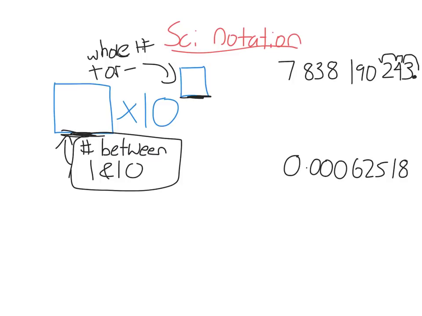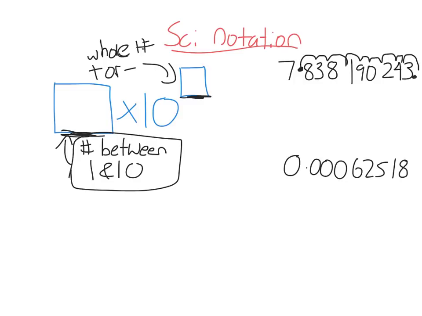Even if I move the decimal point all the way here, the number would be 7,838 point blah, blah, blah. It's still way more than 10. So I have to keep moving it until it's here. If I move the decimal point here, the number I have is 7.838 blah, blah, blah. It is a number between 1 and 10. There's no other place where I could move the decimal point to make this number between 1 and 10.